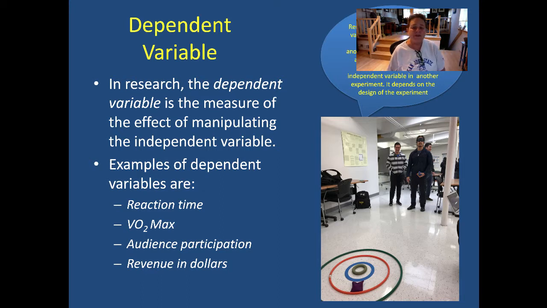I want you to think now that an independent variable in one experiment could be a dependent variable in another experiment, or a dependent variable in one experiment could be an independent variable in another experiment. It really depends upon the design of the experiment and how that will affect what the independent manipulation is and what the measure of the effect is.